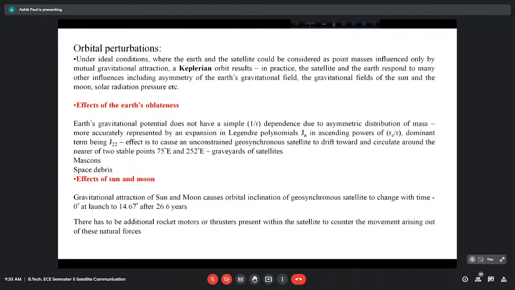Only 15 to 17. That means more than 80% of the incident solar energy is wasted. So with age, with time, the efficiency further comes down.